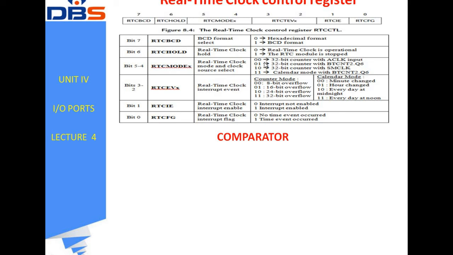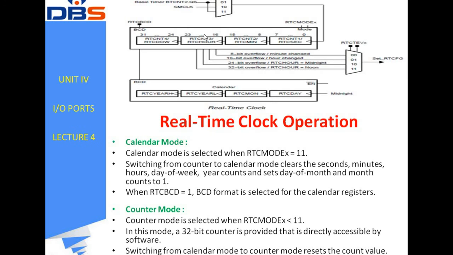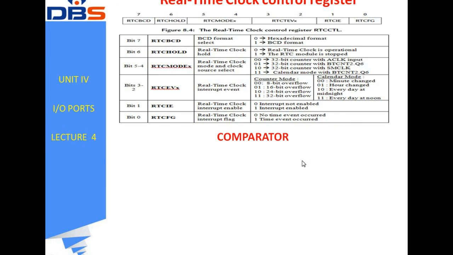Suppose 00 means ACLK is the input, and 01 means the basic timer clock will be selected here. 10 means SMCLK, subsystem master clock, will be selected, and 11 means calendar mode will be selected. ACLK and SMCLK are selected for 00 and 10, and for 01 and 11 we go for the basic timer clock.